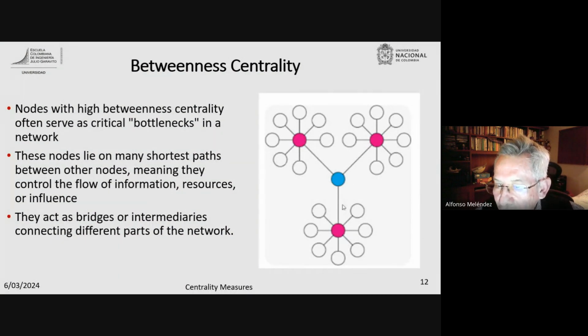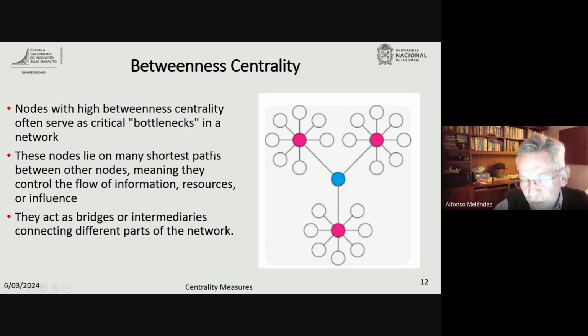In fact, this node is high in betweenness centrality, but is also high in closeness centrality because it's near to the other nodes. But there are networks where a node is the biggest in closeness centrality, but not the biggest in betweenness centrality. They are different. I guess this difference is not so easy to understand at the beginning. Okay. I don't know if there are questions.